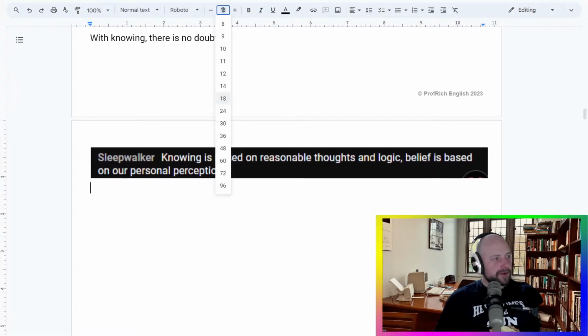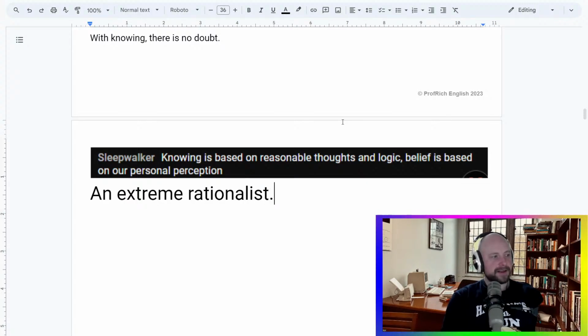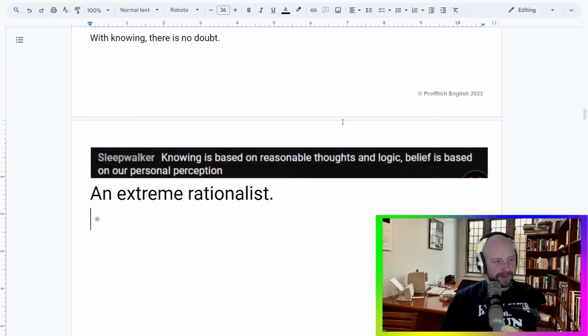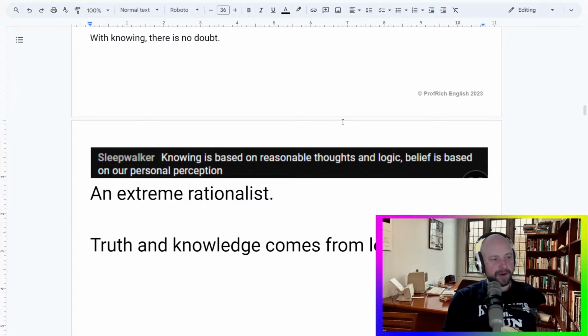In philosophical terms, this would make you an extreme rationalist. Which means that for your statement to be true, you're saying that truth and knowledge comes from logic, not from experience.